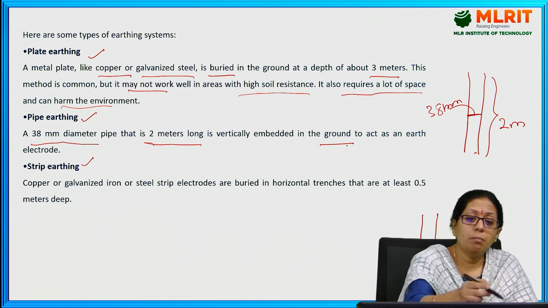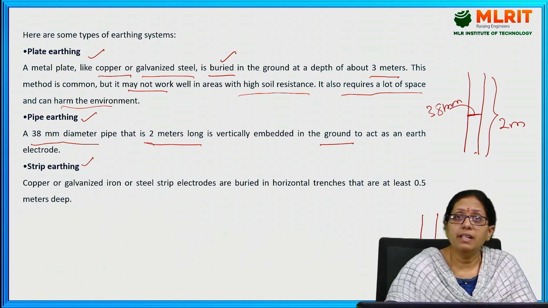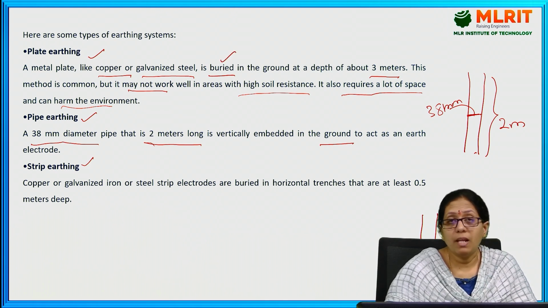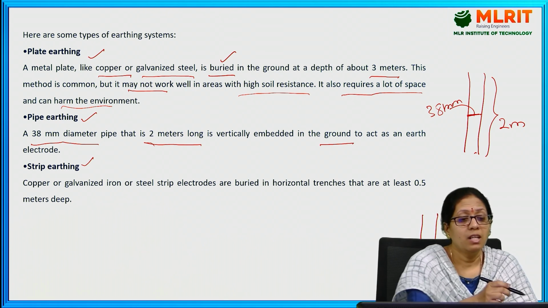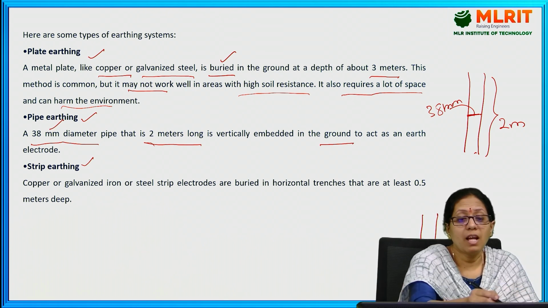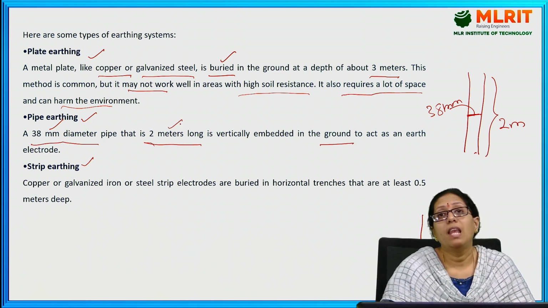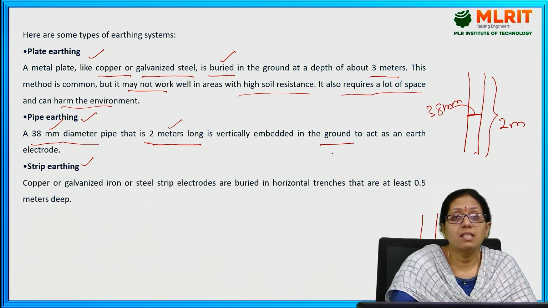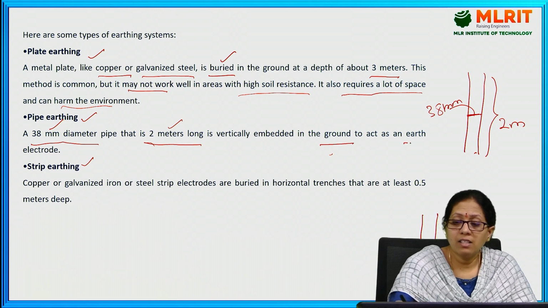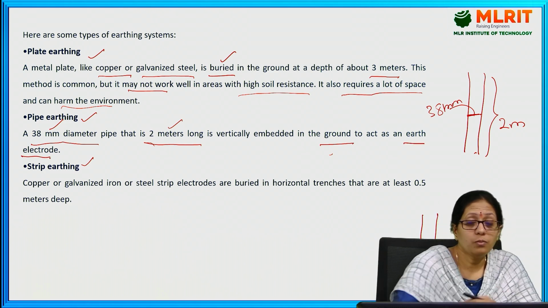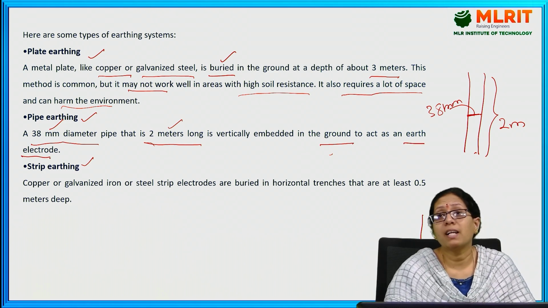Here also the plate is buried, but instead of a plate, this time we are using a pipe with a 38 mm diameter and 2 meters of length, which is placed inside the ground to act as an earth electrode.